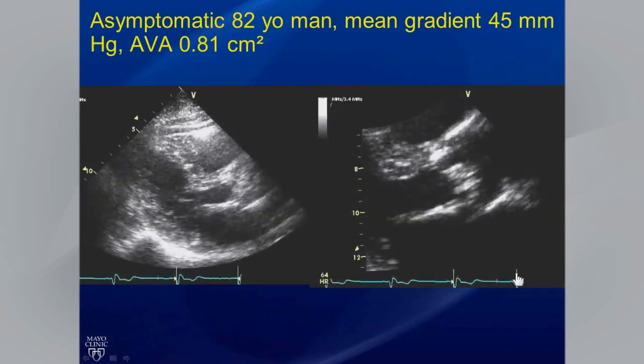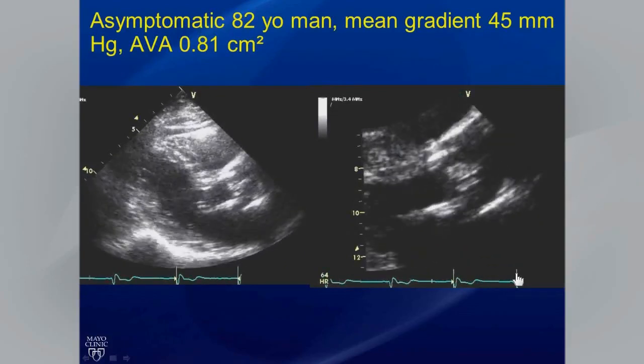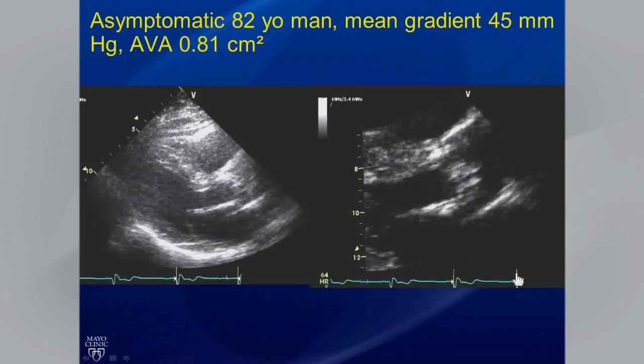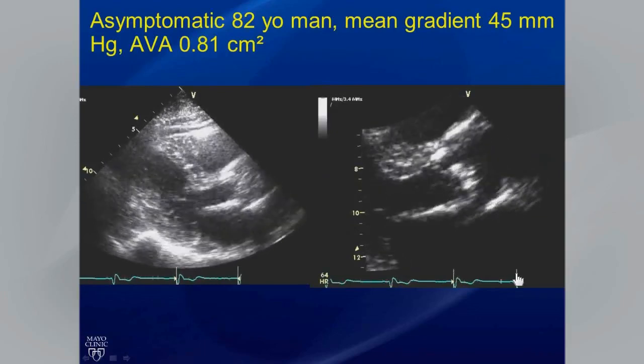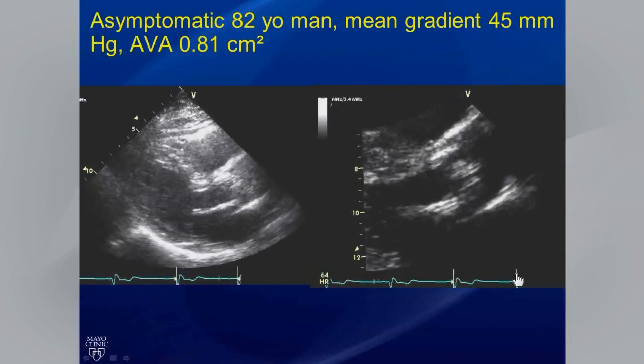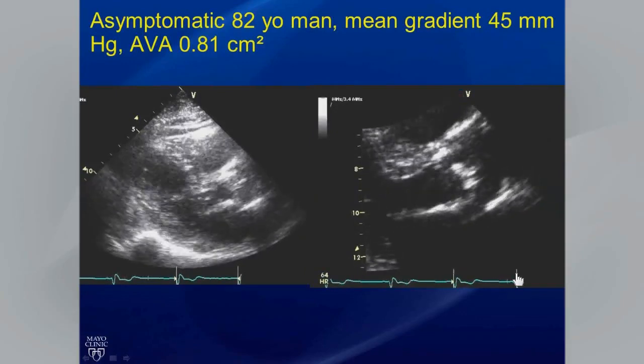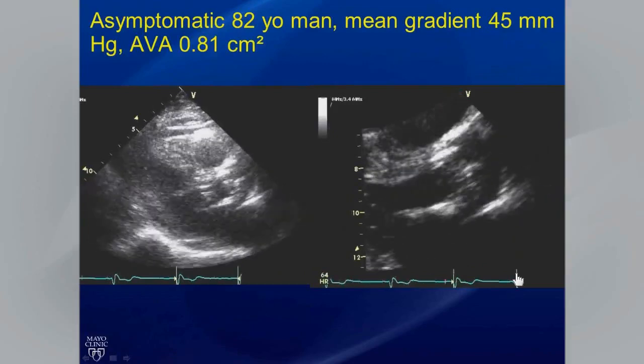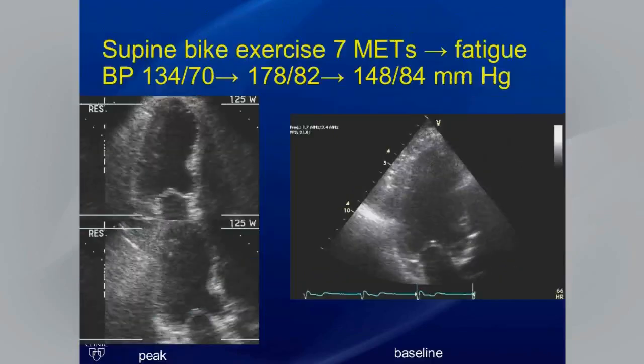His walls look mildly hypertrophied, and you can see that his aortic valve is calcified with marked restriction of opening. So this fits with severe aortic stenosis. However, the patient insisted that he was asymptomatic.